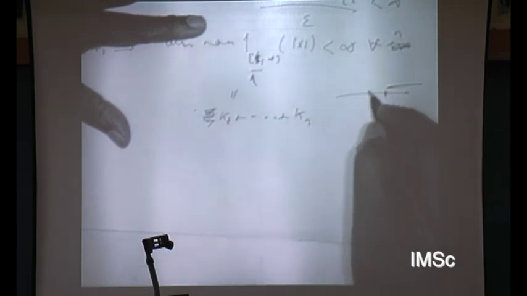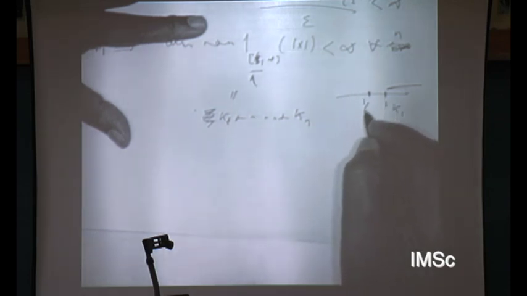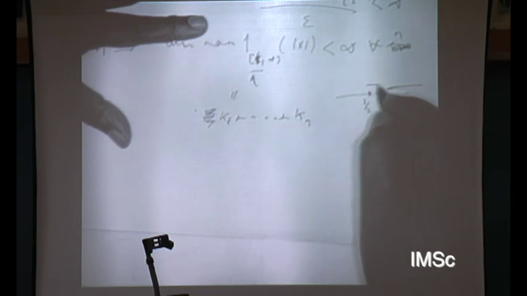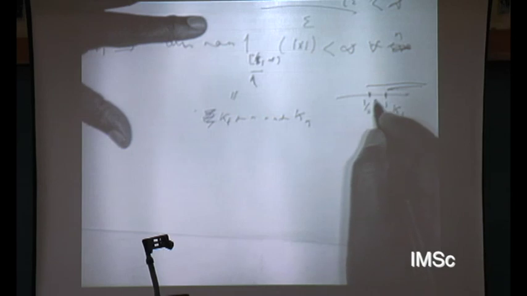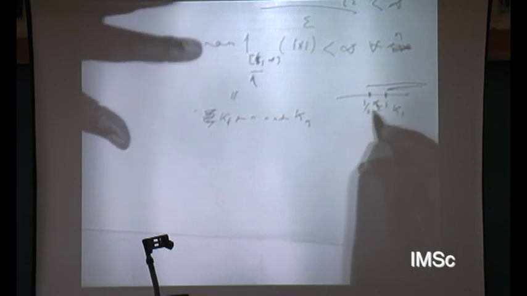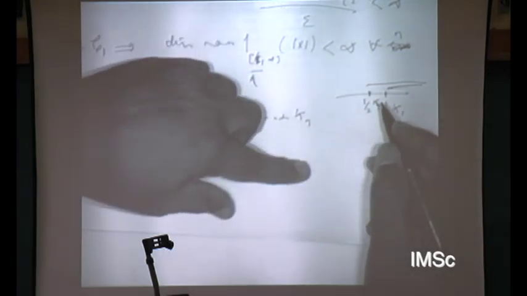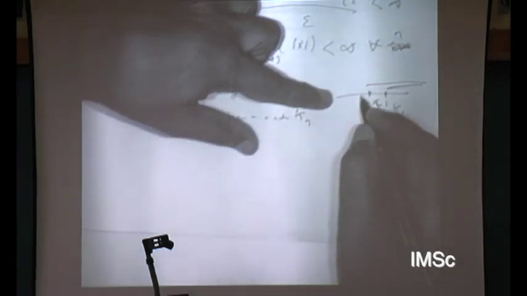And then from half to 1, this whole thing has dimension k1 plus k2. So k2 is the dimension of this space.